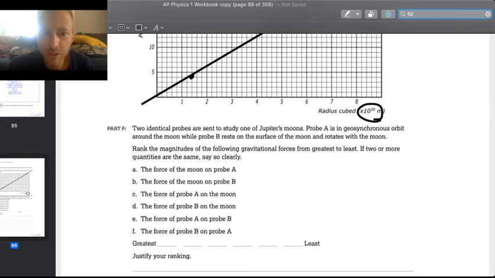Rank the gravitational forces from greatest to least. If 2 or more quantities are the same, state so clearly. Okay, so notice how we're going to have some action and reaction pairs here. So just beware of that.